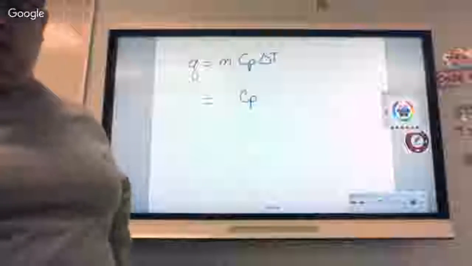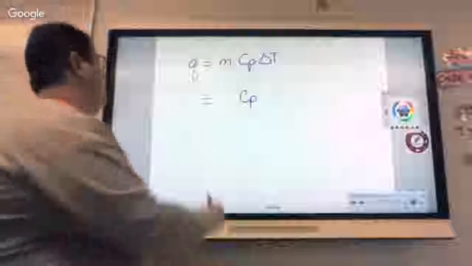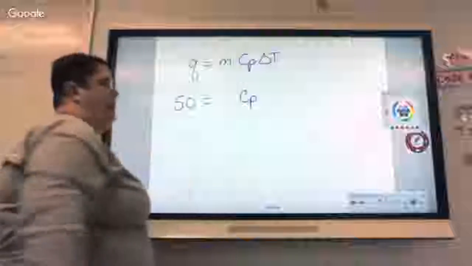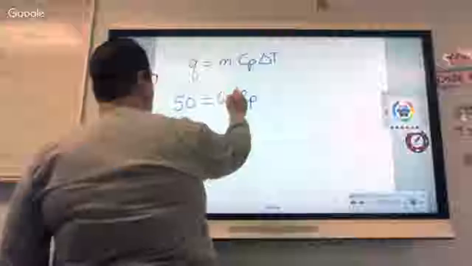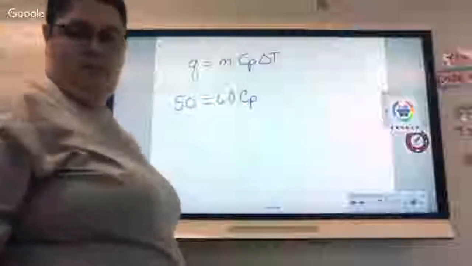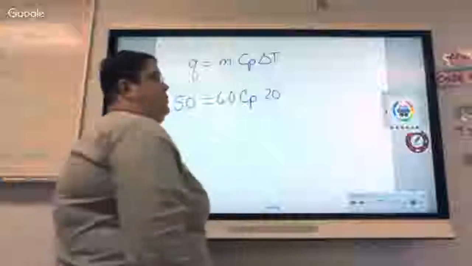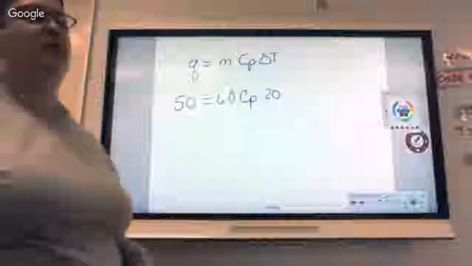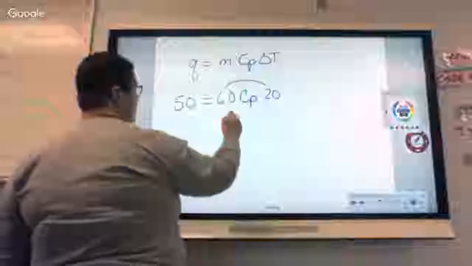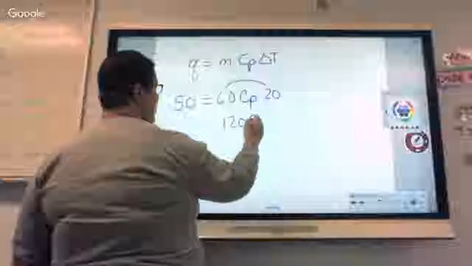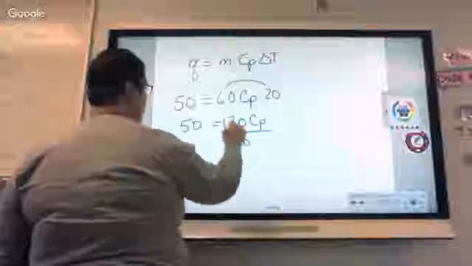So if we look at number 4, what would the heat or Q be in number 4? All right, what's the mass? 6.0. And what's my change in temperature? 30 minus 50 is 20. Remember, we always have the positive difference of the temperature. So 6 times 20, because we're going to combine those, is 120 times CP equals 50. Divide by 120 on both sides.